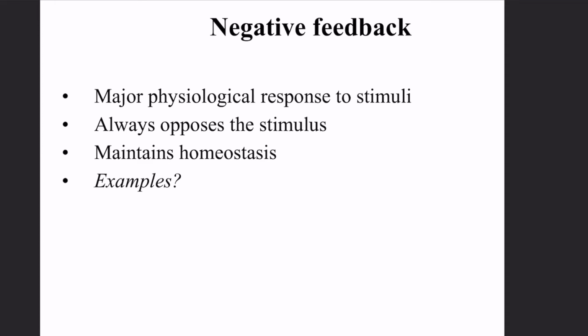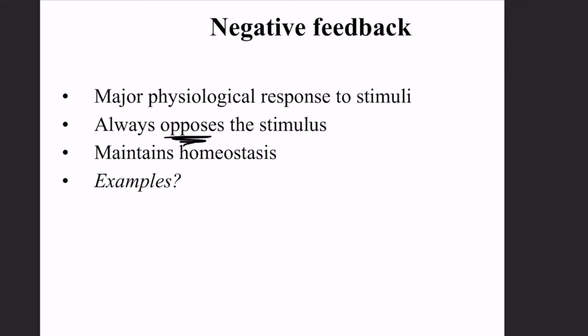So the majority of the time, homeostasis is maintained by negative feedback. And negative feedback is called negative because it's going to do the opposite of what the stimulus is. And we're going to talk about a few examples here.